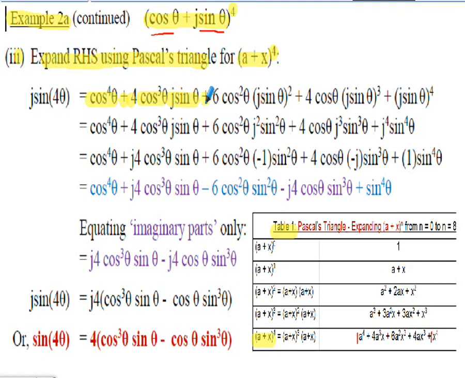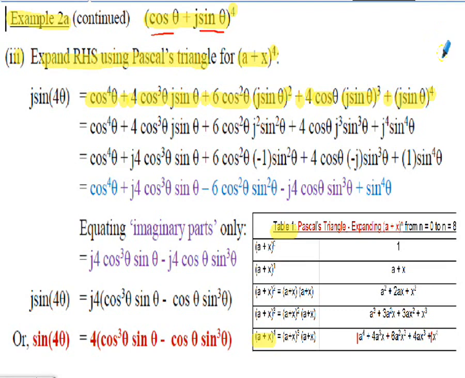So the third term is plus 6 cos squared theta multiplied by the j sine theta all squared. The fourth term in the series is 4 cos theta multiplied by the j sine theta all cubed, and then the final term, the fifth term, is plus j sine theta all to the power of 4. So don't forget a plus x to the power of 4 has 5 terms in the series.